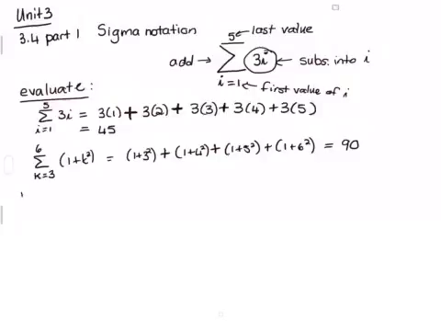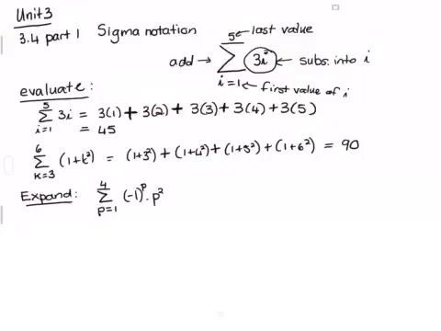But sometimes it doesn't say evaluate, it just says expand. So expand just says, you don't need to give me the final answer, just write it out. So let's look at this one. p goes from 1 to 4, of minus 1 to the power of p times p squared.